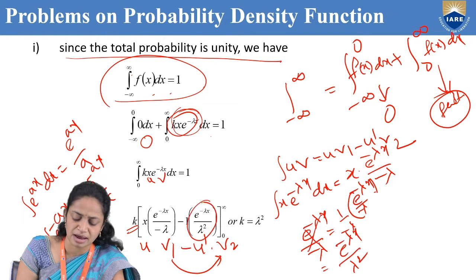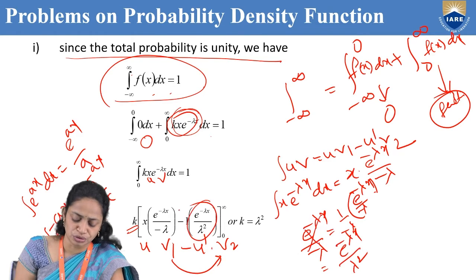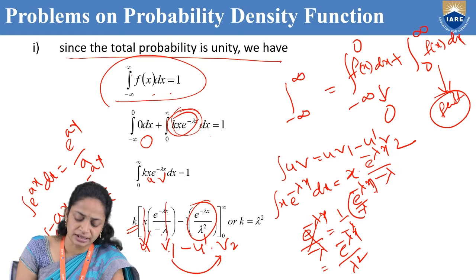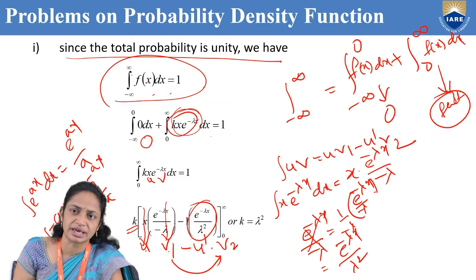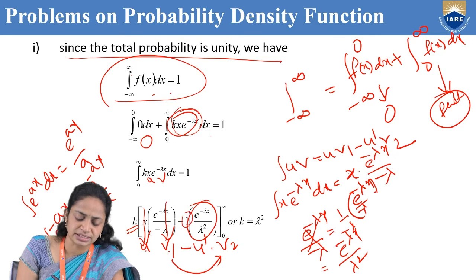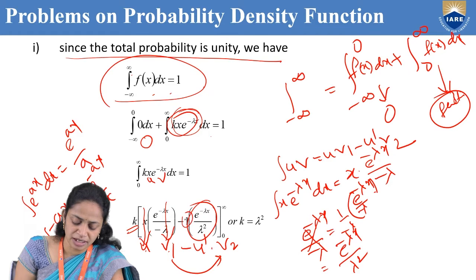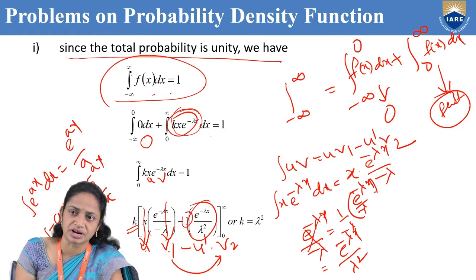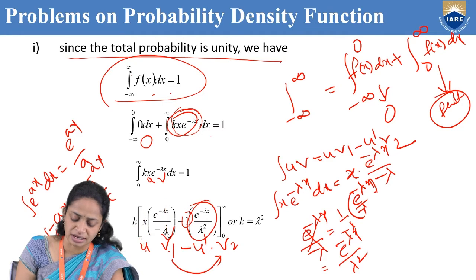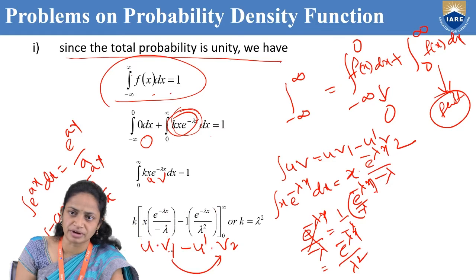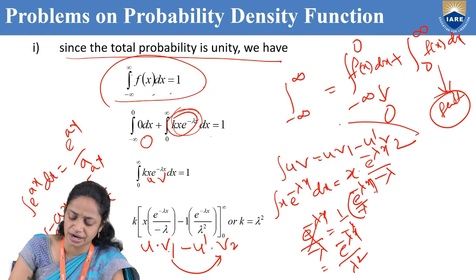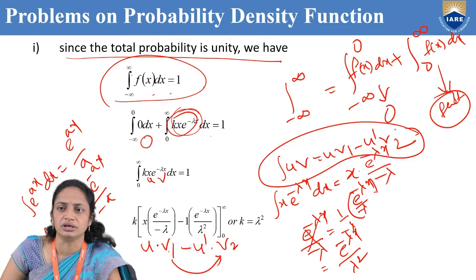So u v1 minus u dash v2: x is u, v1 is e power minus lambda x divided by minus lambda, u dash is 1, and v2 is e power minus lambda x divided by lambda square, according to our formula of uv.